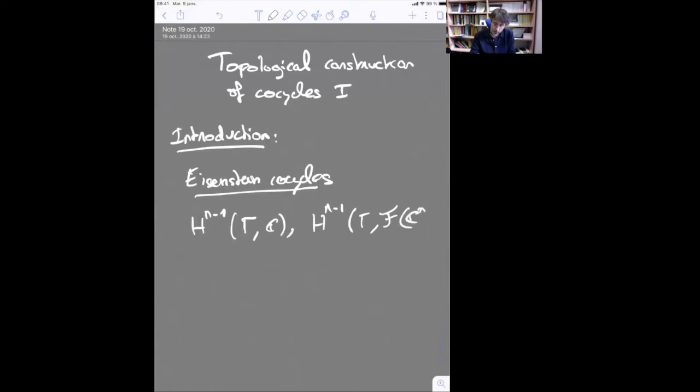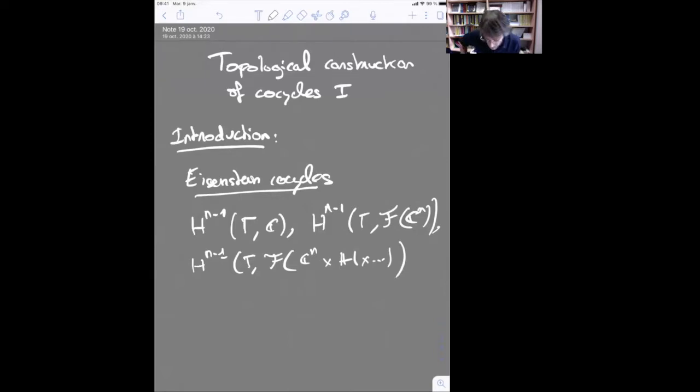I won't specify right now what kind of function space on C^n. And even more complicated things, like a degree n-1 cocycle of gamma in a function space that involves several types of variables, C^n times the Poincaré upper half plane, and maybe other types of variables that I don't want to discuss now.